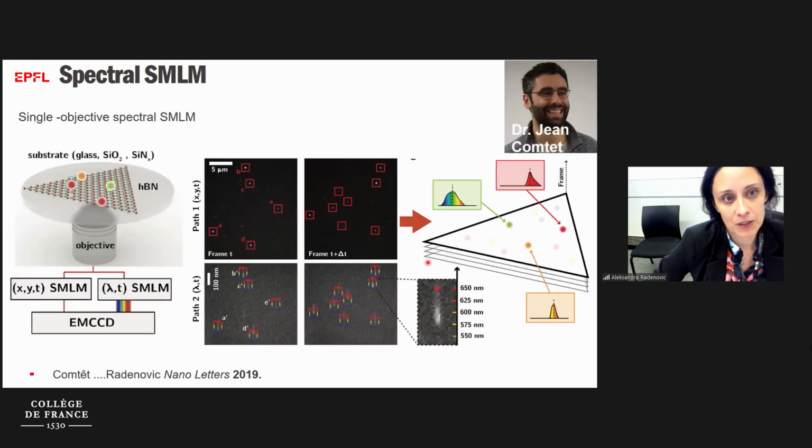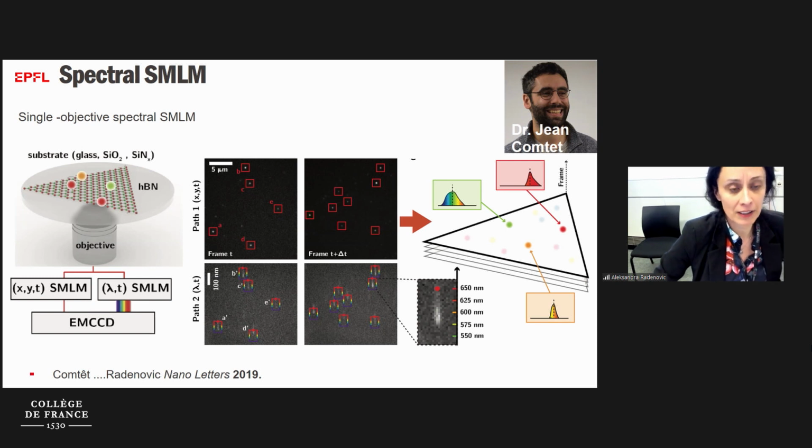With Jean Comte and Jean Dongfeng, we established a method to first spatially distinguish those defects, and Jean Comte implemented a spectral channel in our regular localization microscope.